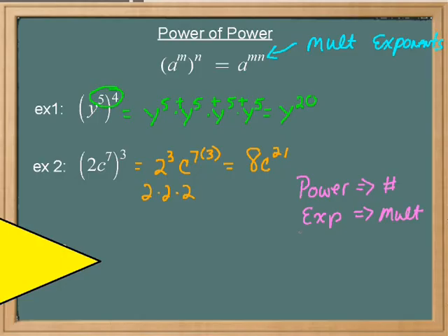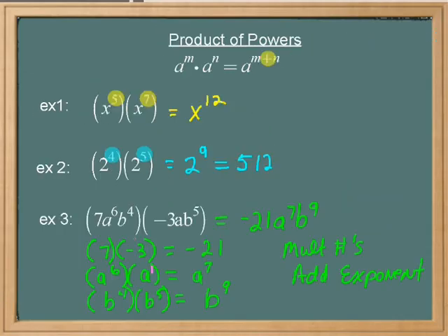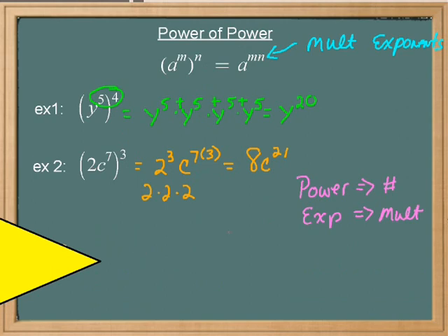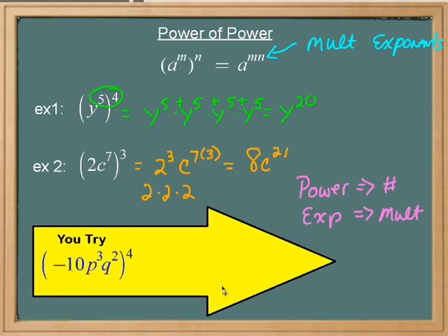You power the number and you multiply the exponents. Now I'm going to bring you back to another slide where I tried to point something out to you right here. Once again we have 2 things going on where we multiply the numbers and then we add the exponents. So you see how we have different things going on. Numbers are treated differently from the exponents, is what I just said. So keep that in mind as you work, because that will be a big, big issue that you're going to want to make sure you're on top of.